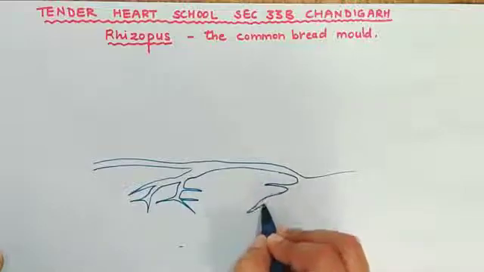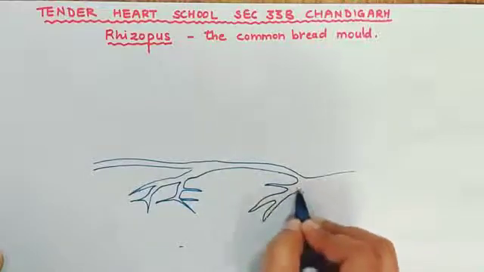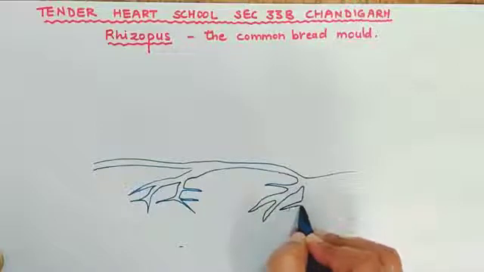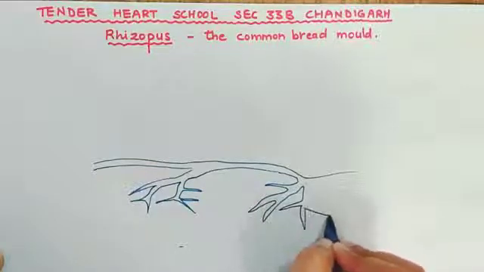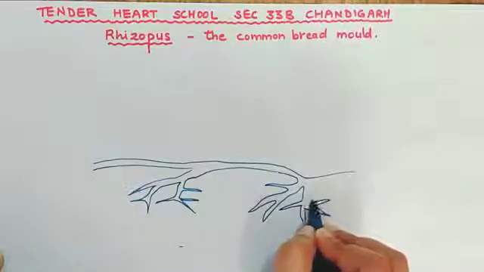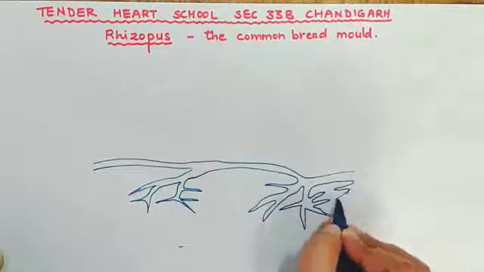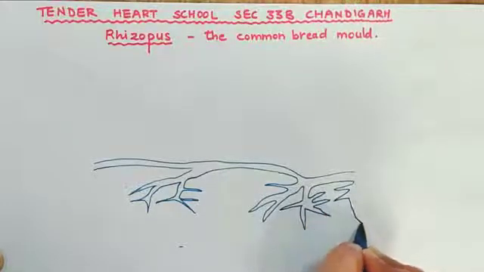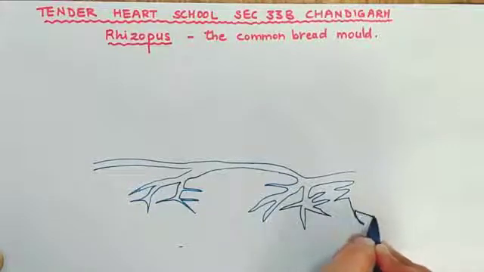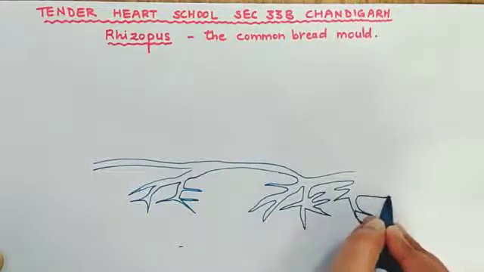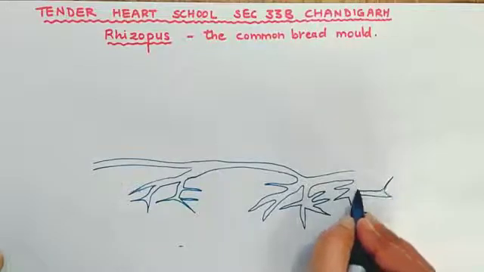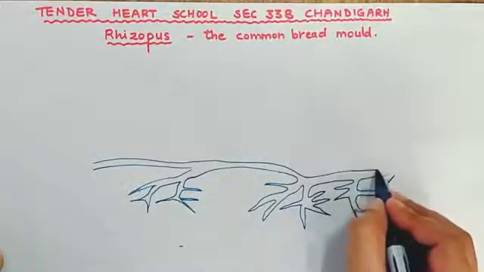which is forming the structure of Rhizopus. So this way there is a huge network, right? Huge network of hyphae.